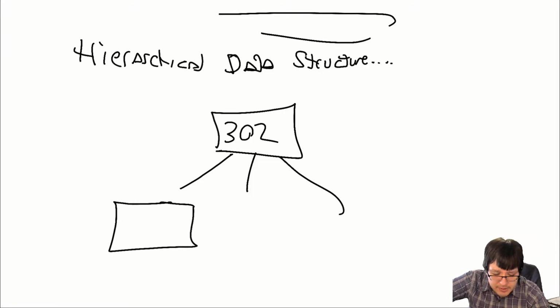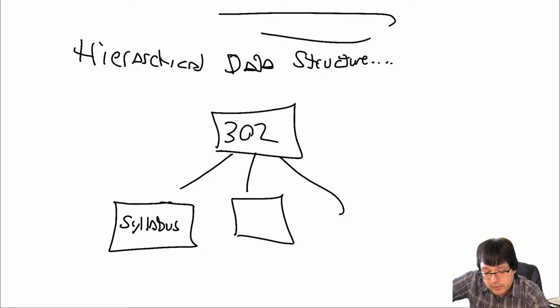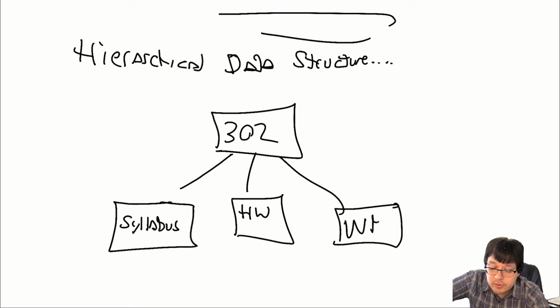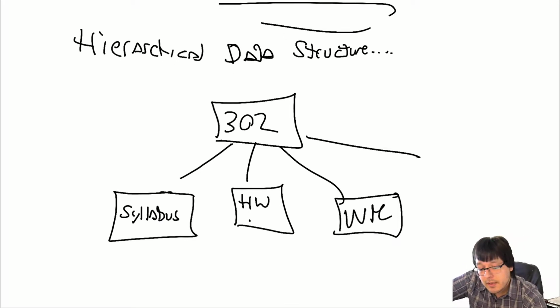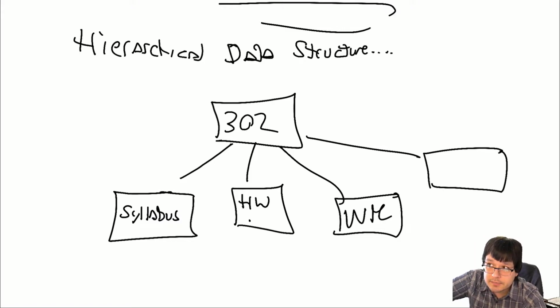I'm going to make a directory for the syllabus on its own. I'm also going to make a directory for my homework assignments. And then maybe another directory for the worksheets, because maybe these are the programming assignments. And then maybe another directory for the exams, but you wouldn't really have one for that. Maybe a study guide in your case, right?